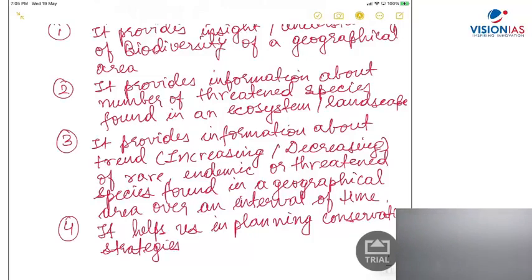We can plan conservation strategies for threatened species found in such habitats. If we know this, we can do the conservation part. It assists the census exercise, like the census of tiger or rhinoceros, whatever it may be. It helps in that census exercise also. I hope this is clear.